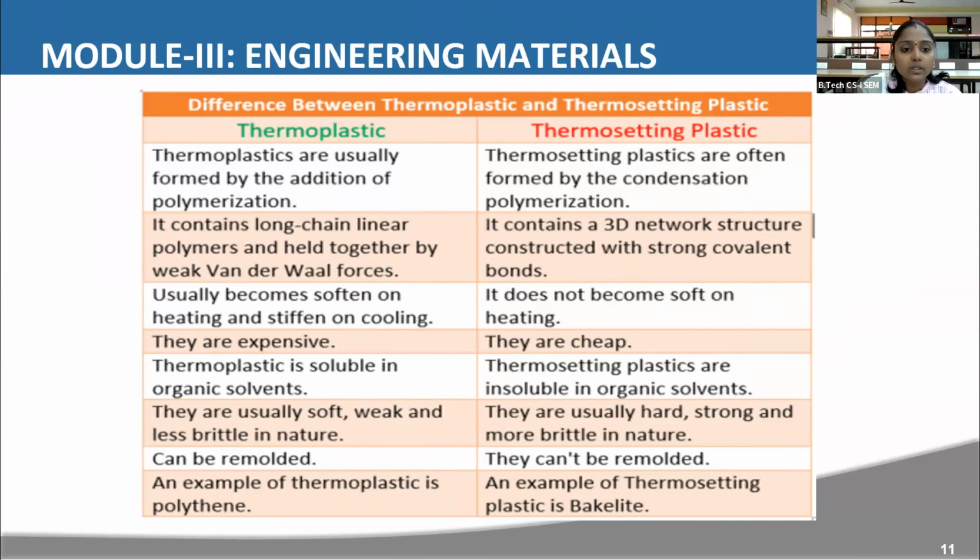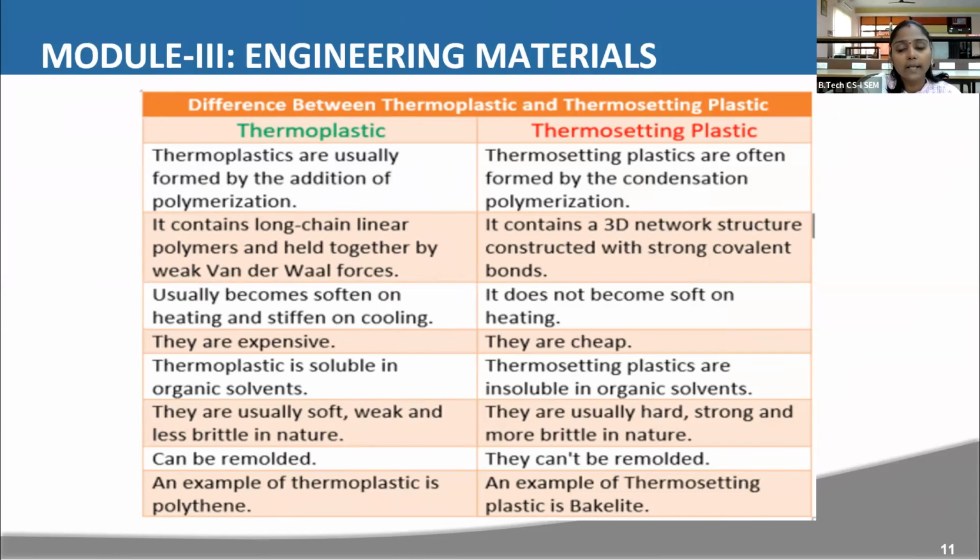Thermoplastics are usually soft, weak, and less brittle in nature. Thermosetting plastics are usually hard, strong, and more brittle in nature. Thermoplastics can be remolded.